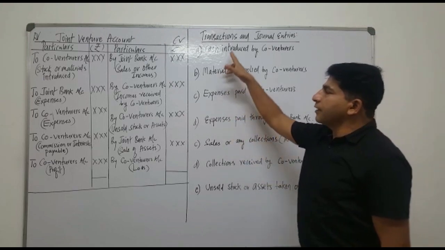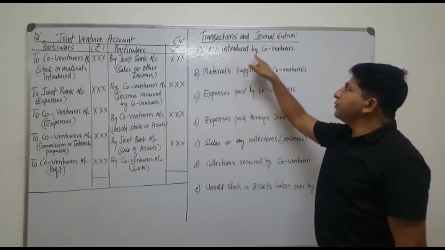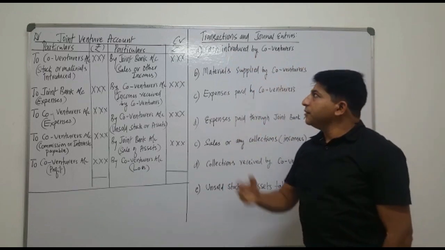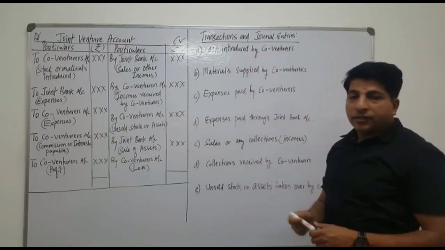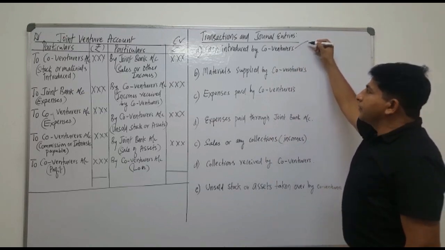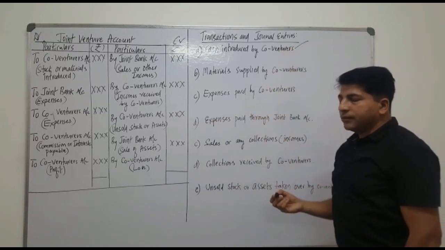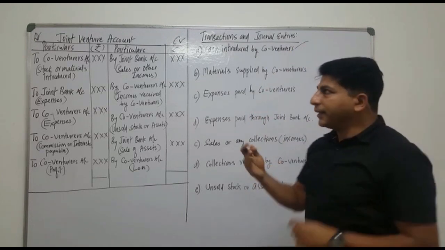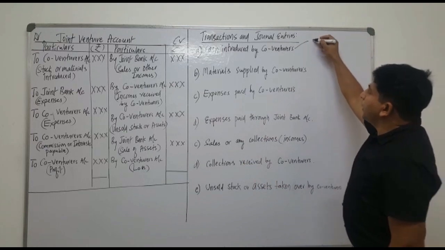The first transaction is the cash introduced by co-venturers. When the cash is introduced by the co-venturers, they become givers. Cash comes into the business. That cash will be deposited into joint bank account.